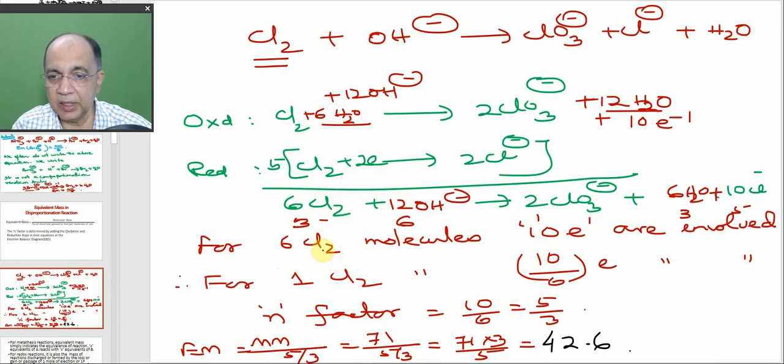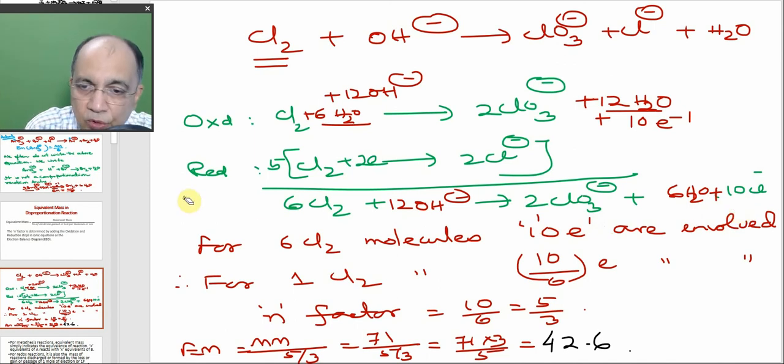If you want to get the correct equivalent mass, then don't make it 3 here. Don't divide by 2. 6 chlorine involves 10 electrons.